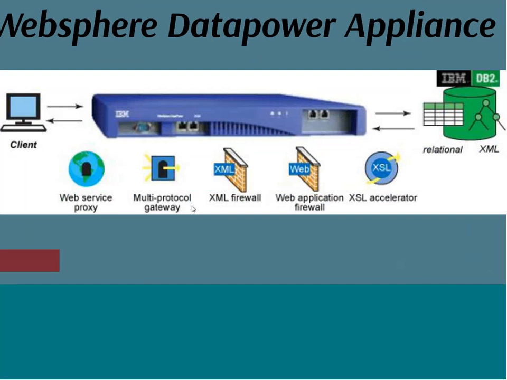This appliance is an implementation of the concept of the ESB, which is a central concept for SOA and the enterprise interconnectivity. So this is where WebSphere DataPower Appliance stands.